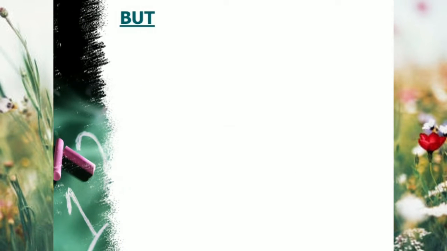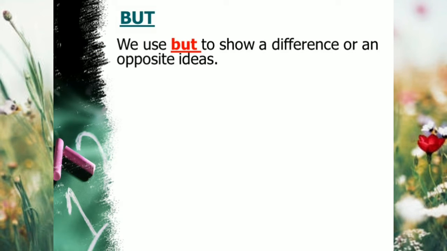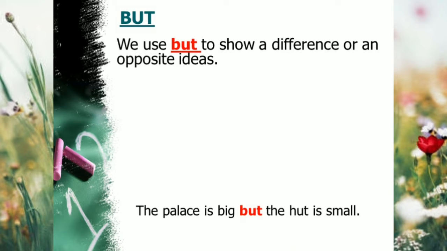Now we will move to the next one. But. This is the third joining word. We use but to show a difference or opposite ideas. If you want to show a difference between things, places, persons, or the qualities of a person, we can use but.